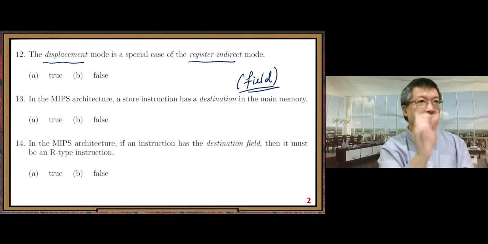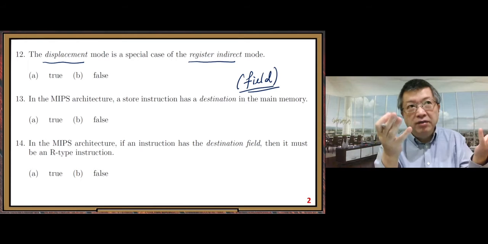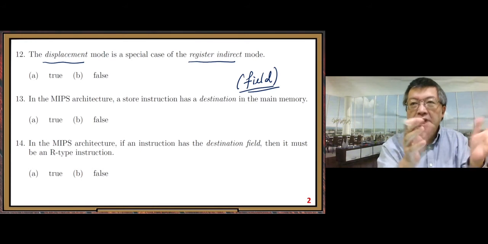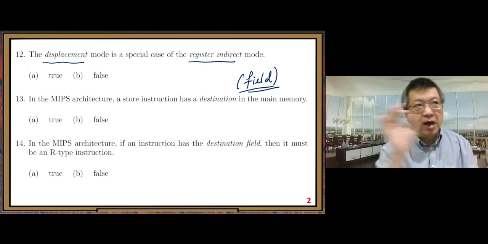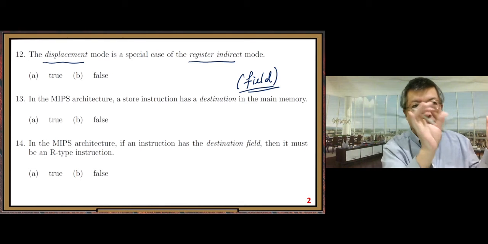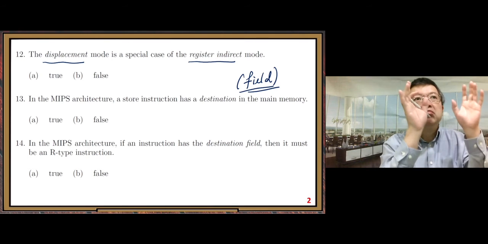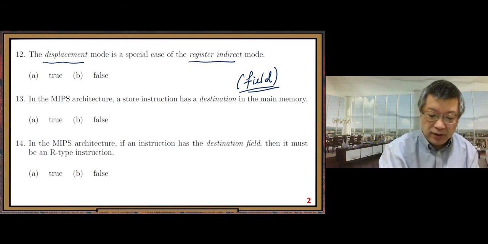That's the destination field. Destination, you may not be able to find a certain number of bits inside one instruction to give you the destination, but you can generate the destination indirectly.